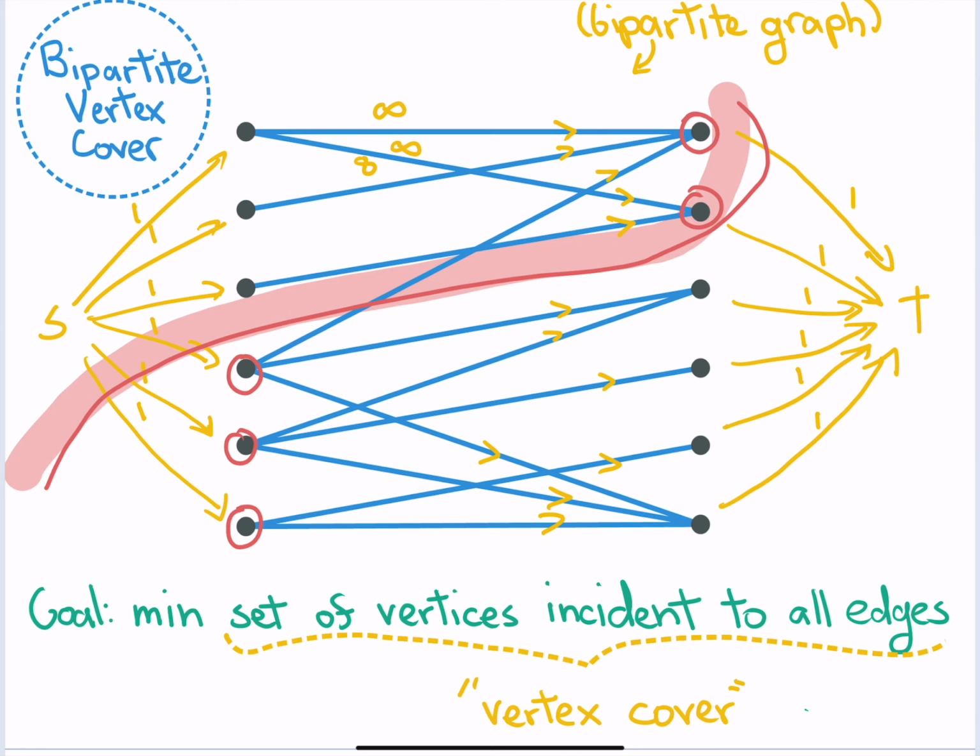Okay, what do you notice about the circled vertices? They form a vertex cover. So every edge is incident to one of these vertices circled in red. Every ST cut will correspond to a vertex cover.